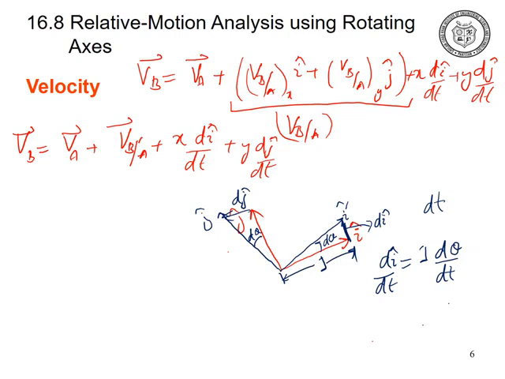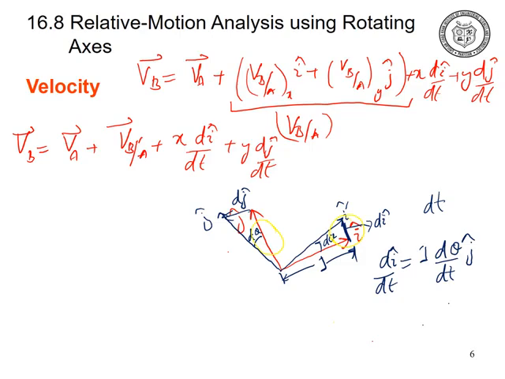But here on the right hand side, on one side you have a vector, on the other side d theta by dt is a scalar, so you have to multiply by a vector. So what is the direction of di? As can be seen here, this di is in the j direction. So we can write here, this is j.